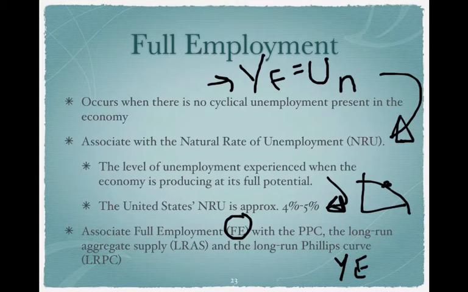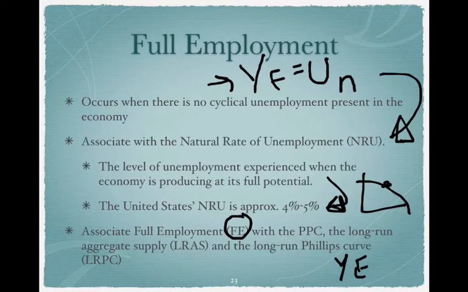We're going to associate the PPC graph with the long run aggregate supply model and the Phillips curve. So the two graphs that are coming along the way are the aggregate model and the Phillips curve. The aggregate model, you're going to start looking at tomorrow on Tuesday in class, or Wednesday in class rather.